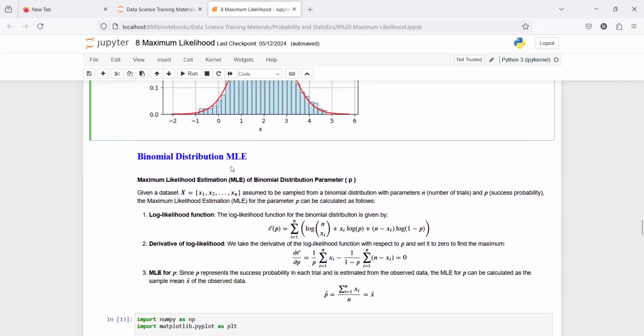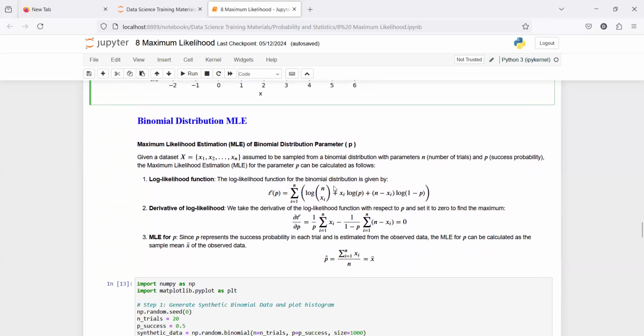Now we go on to the binomial distribution MLE. Recall this is a discrete distribution. Given a data set x1 to xn, it's sampled from a binomial distribution with parameters n and p. And how do we obtain p? Remember, the original binomial function is multiplicative, and by taking logs, we make it additive.